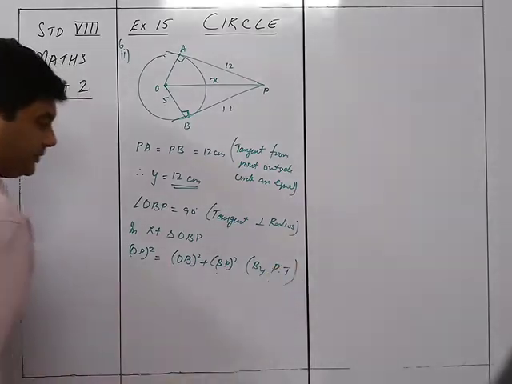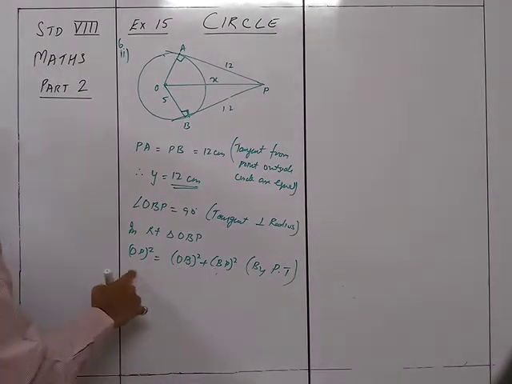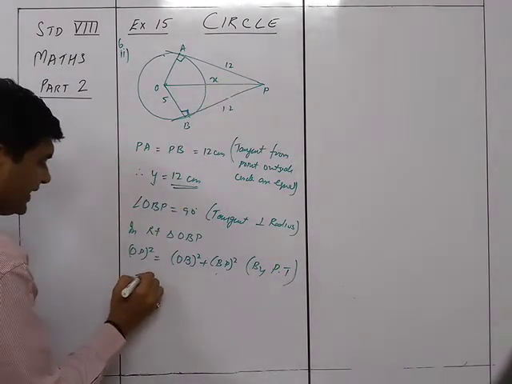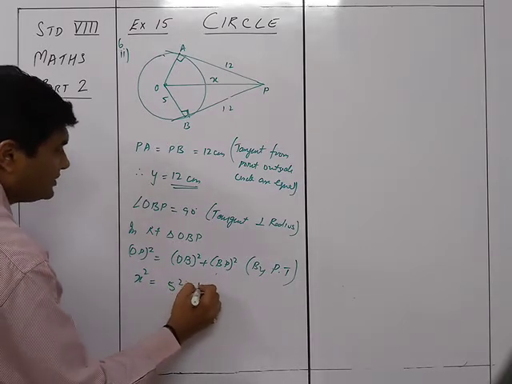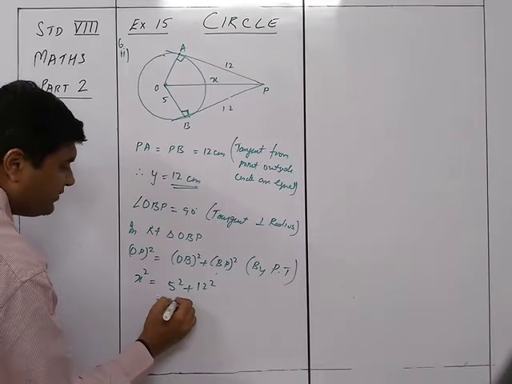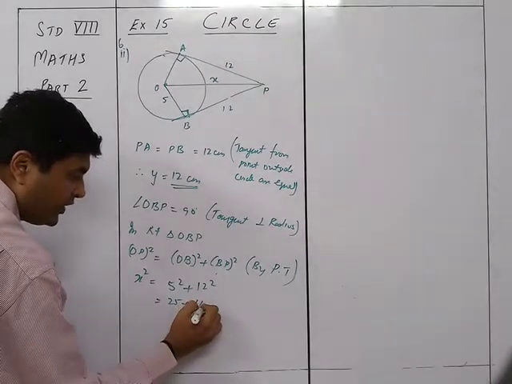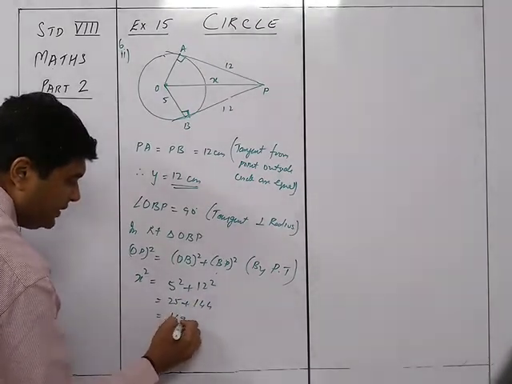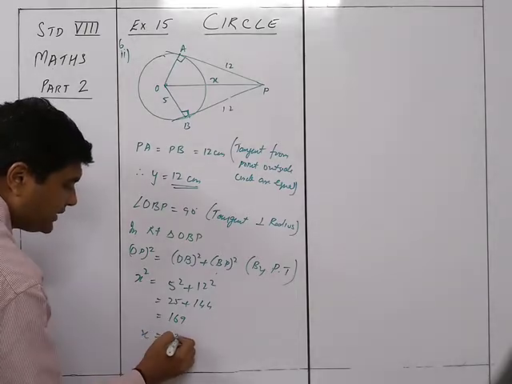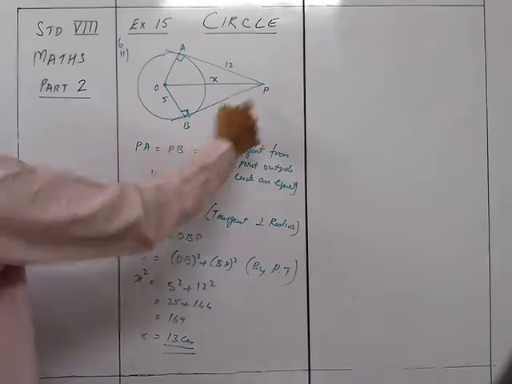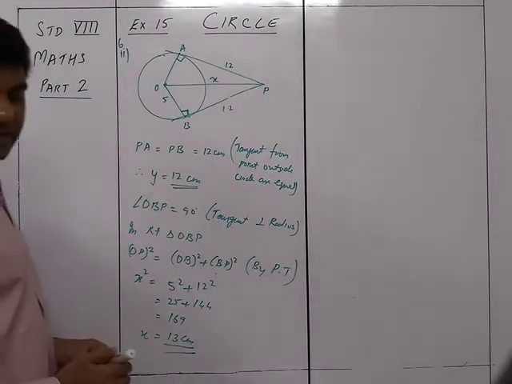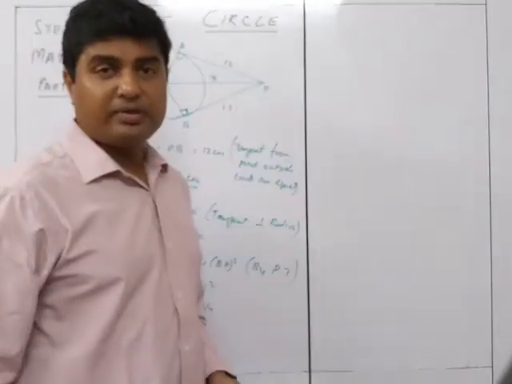OP is nothing but x, so x square is equal to 5 square plus 12 square, that is 25 plus 144, that is 169. So x is equal to 13 centimeters, so OP is 13 centimeters. So this was sum number 2.